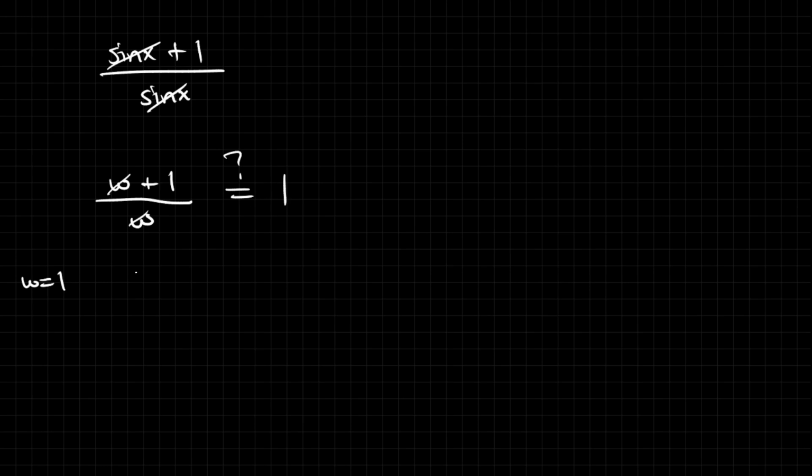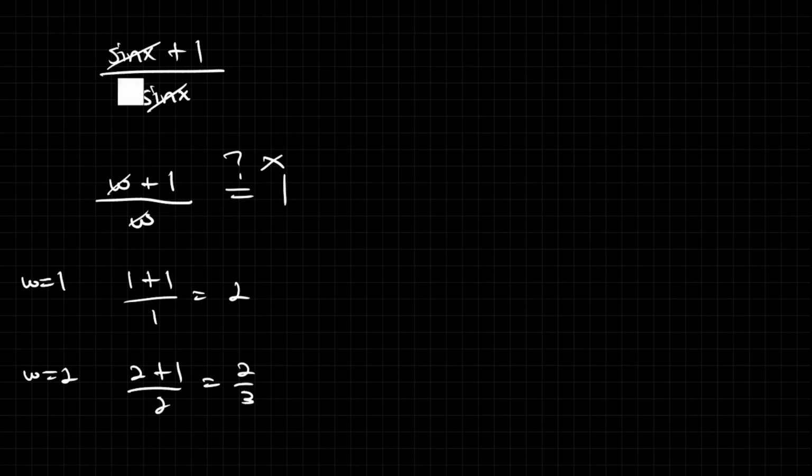Well, is it true for w equals 1? Well, if you do 1 plus 1 over 1, you get 2. And that is not the same as 1. If you did w equals 2, then you would get 2 plus 1 over 2. That would be 2/3. Well, not 2/3, 3/2. But in either case, it's not equal to 1. So this is just not true.